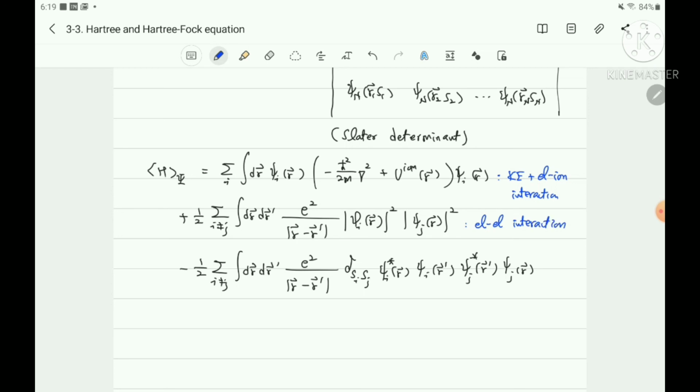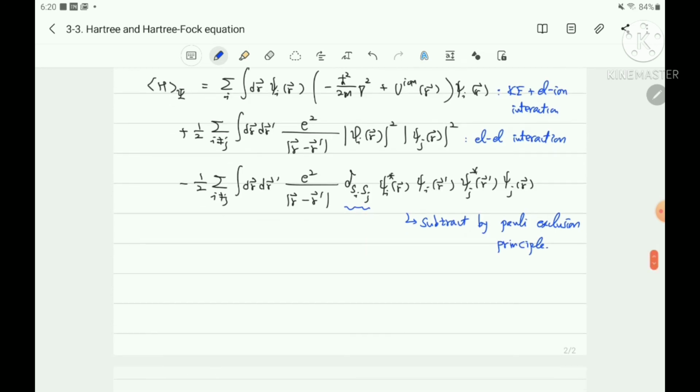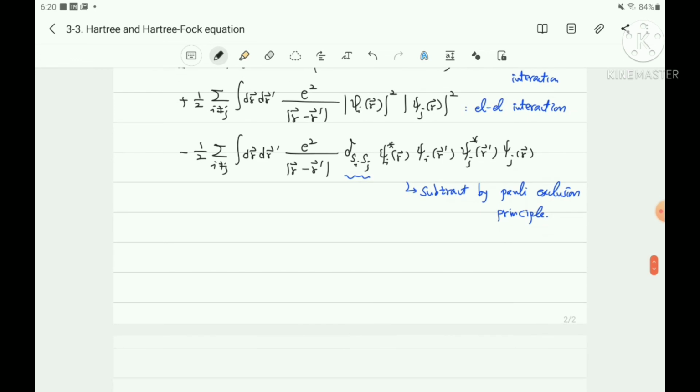When you consider only this term, it is the Hartree equation, but the Hartree Fock equation subtracts this term, because we should consider the Pauli exclusion principle, since the same spin should be excluded. Therefore, from this point of view, the Hartree equation can be modified into the Hartree Fock equation.